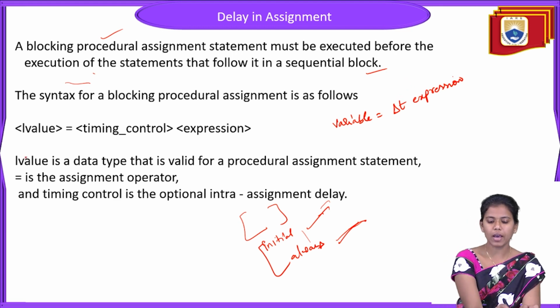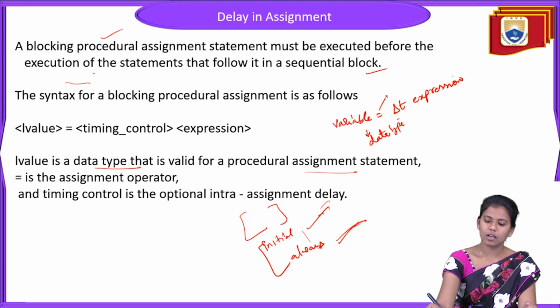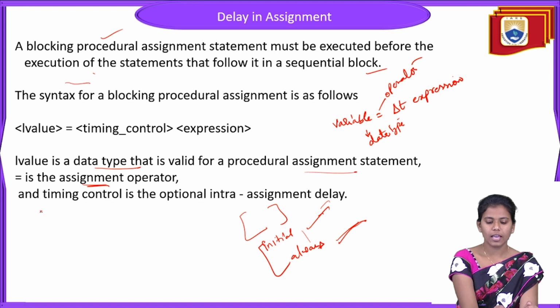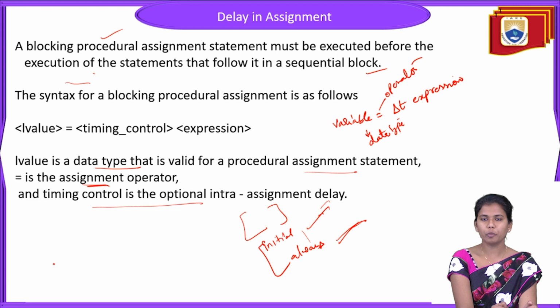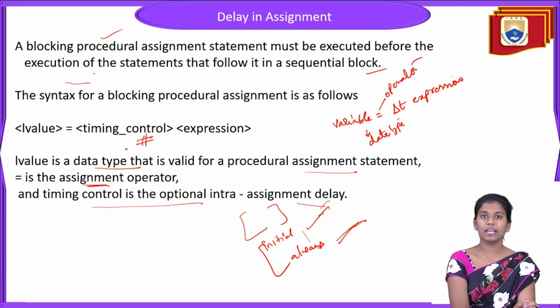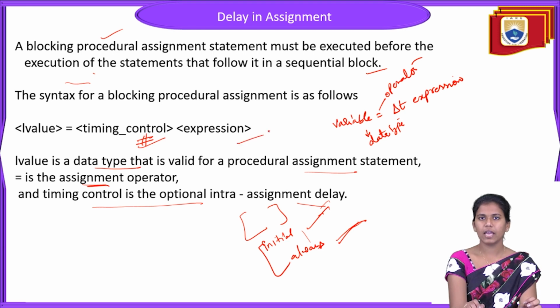Here the value is nothing but the data type that is valid for the procedural assignment statement. And equals to is an assignment operator, and the timing control is an optional intra-assignment delay. Okay, so we have value, timing control, delay and the expression.